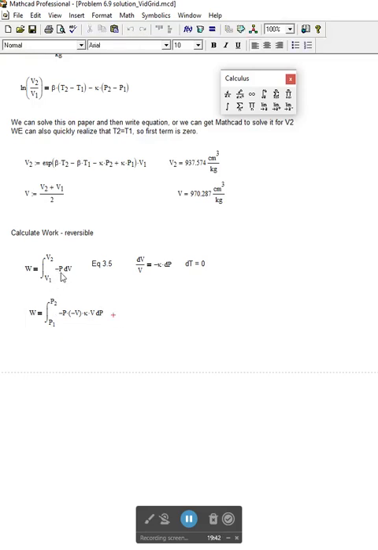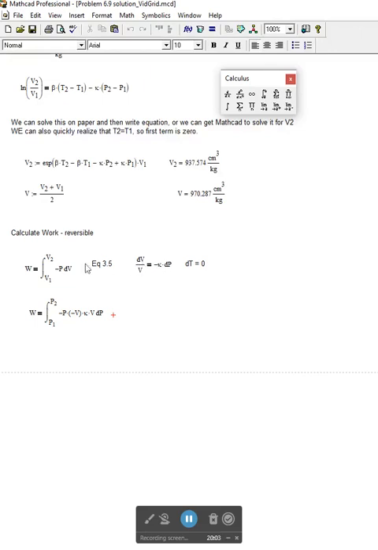So you see how that's made? We started with minus PdV, and what we need to do is insert our equation of state information in such a way that we can do the integration for the process that was defined. We could have solved for pressure, but that's just not convenient.